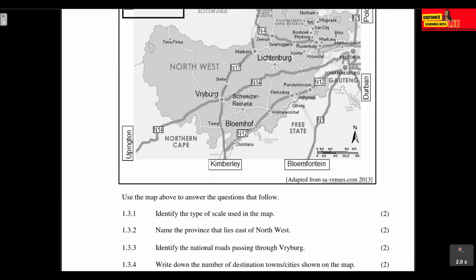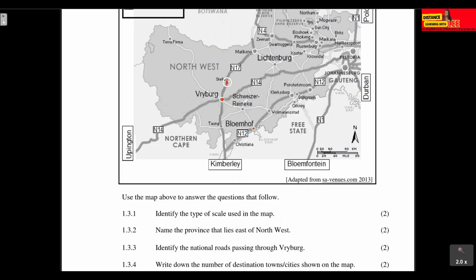This is Blomwolf, guys. When you are indicating this place, you need to find the dot for this place. For example, with Freiburg, this is the dot for Freiburg.